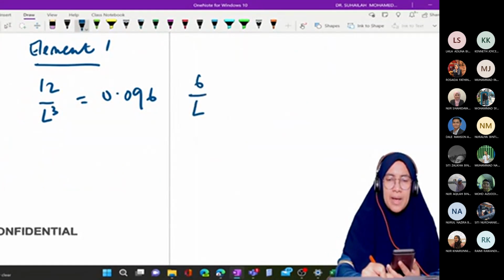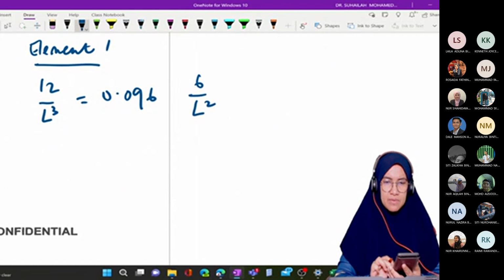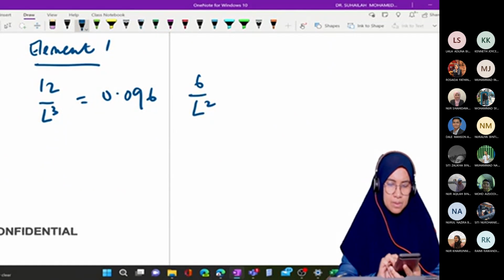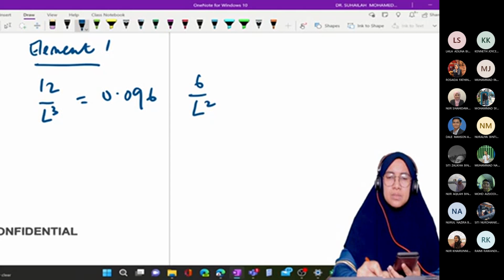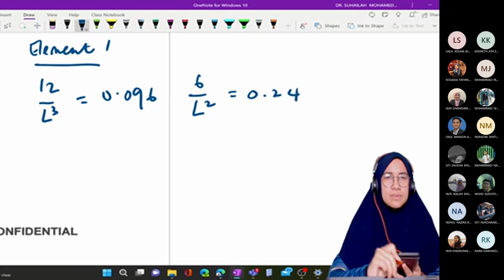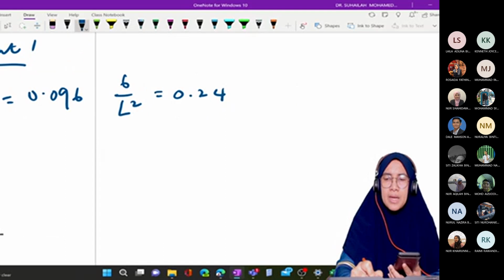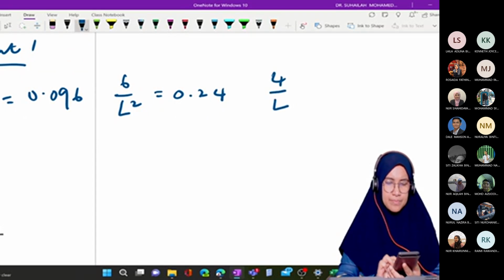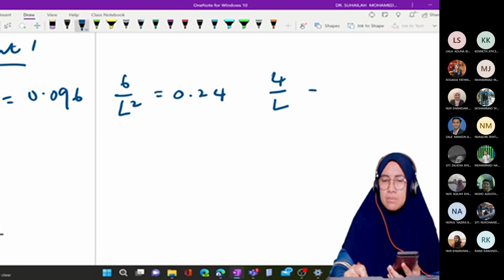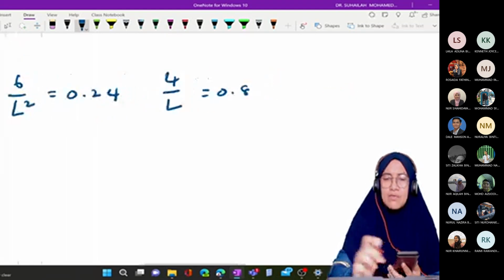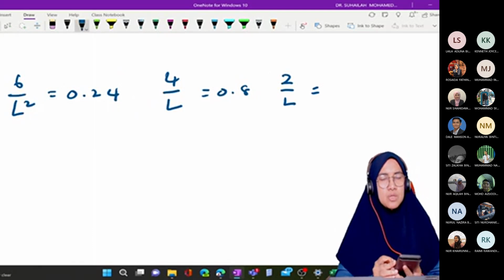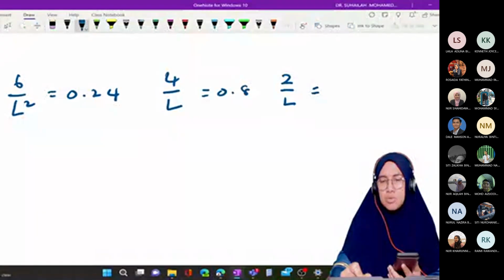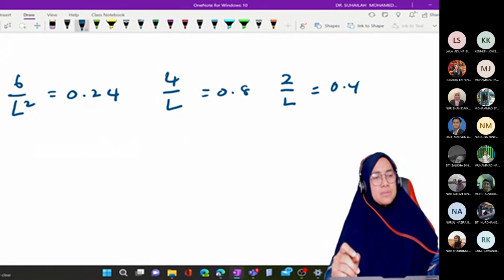Then 6 divided by L squared is 0.24. We have 4 divided by L, which is 0.8, and 2 divided by L, which is 0.4.